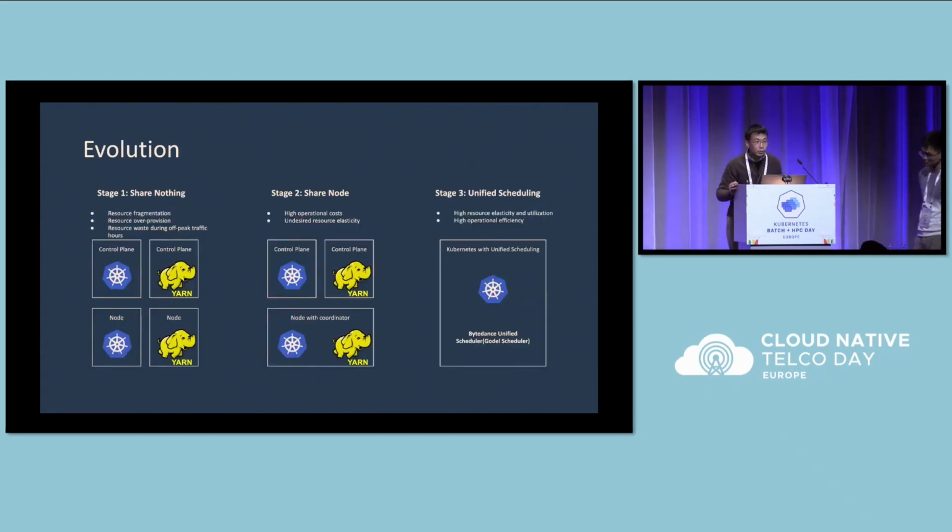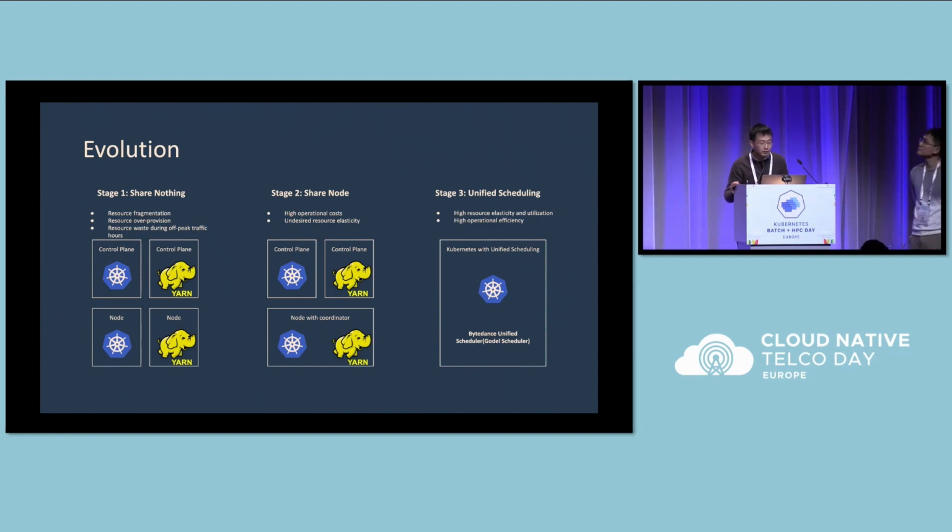This picture shows a brief evolution of our batch processing. I'd like to divide it into 3 stages. The first stage begins at about 2016. We built our online platform with Kubernetes, and we built our offline platform with Hadoop Yarn. The two resource management systems share nothing, and each has a dedicated control plane and a dedicated cluster, and it has some problems.